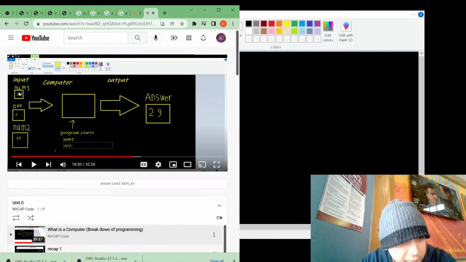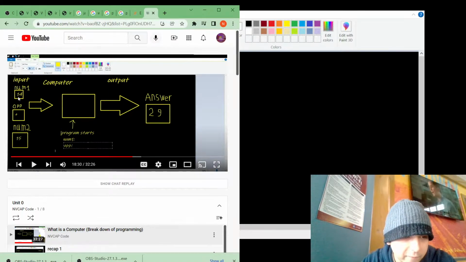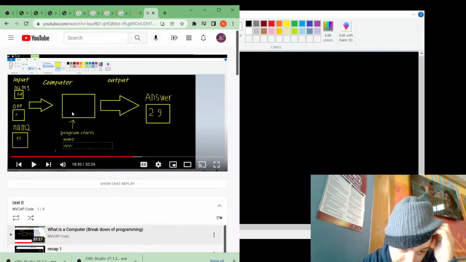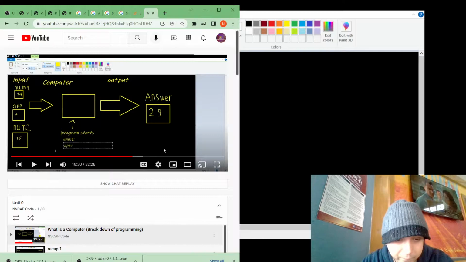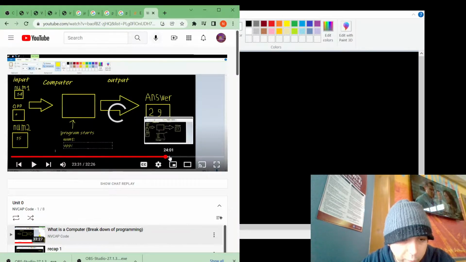In this case, we have the input for num1, 14, for op, plus, and for num2, 15. Then the computer arranges that to produce 29. We talked about how it would do that.